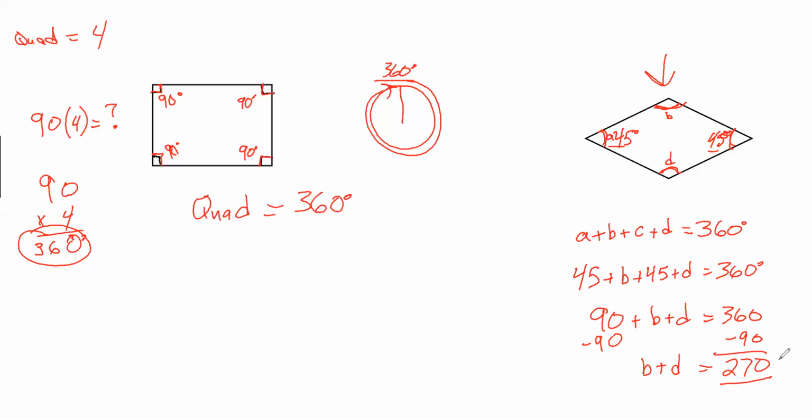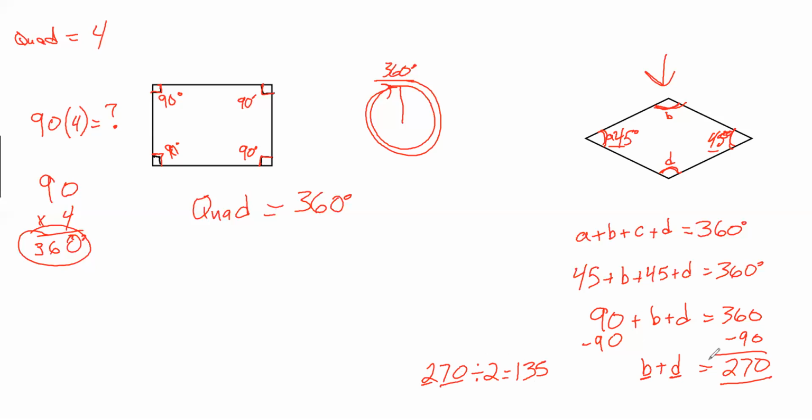So then we know that B and D are going to be the same angle. And so we can take 270 and simply divide by 2 because it's B and D added together. And we know that half of 270 is 135. I know that because half of 200 is 100, half of 70 is 35, so 135.